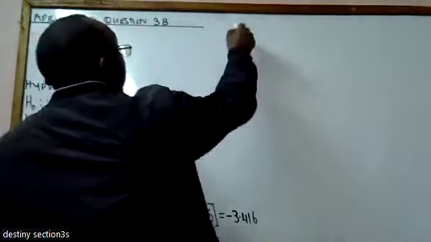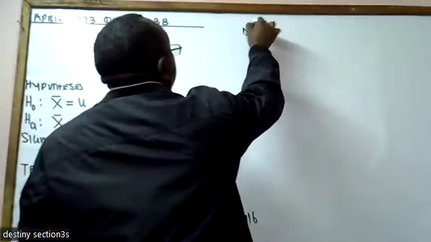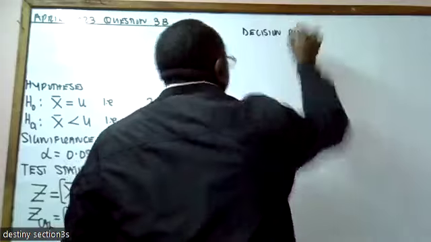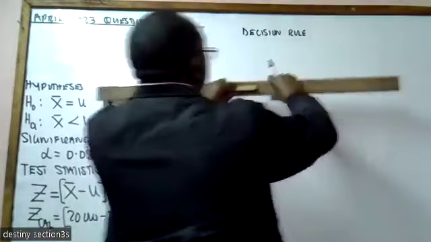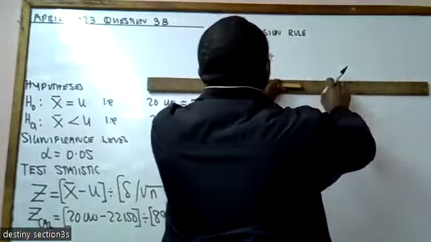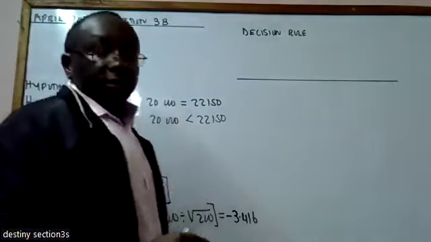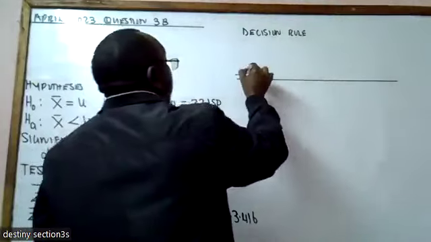So the next step is to design the decision rule, which is going to be one tail.